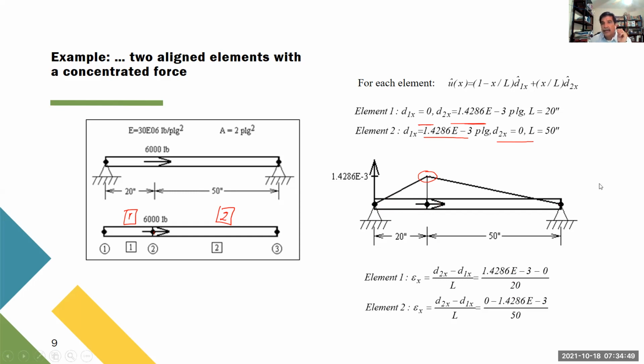For the second, we have here the values of the first and second joints. We replace them here, and the result is going to be negative. That means that it makes sense, right? If you put the force here and move it to the right, this is going to be in tension, and this is going to be in compression. So it makes sense.